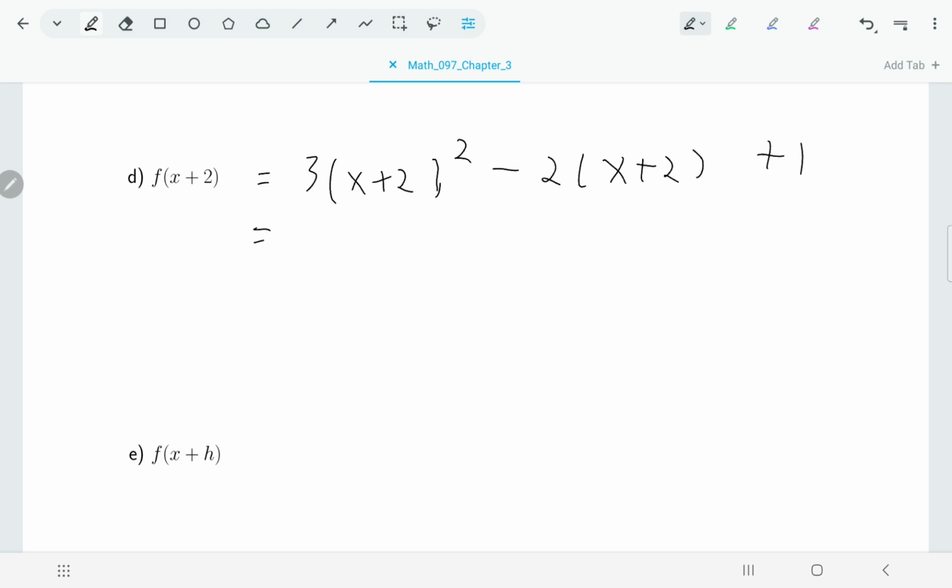So I have a little bit of work to do here as far as the expanding goes, but again, notice that the idea is still the same as before. We're just replacing our input by whatever our input of the function is, in brackets. So replacing all of our x's with x plus 2's.